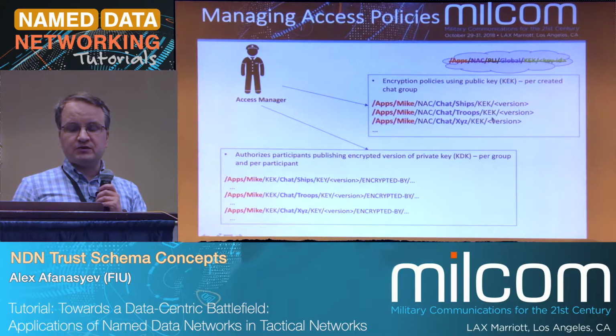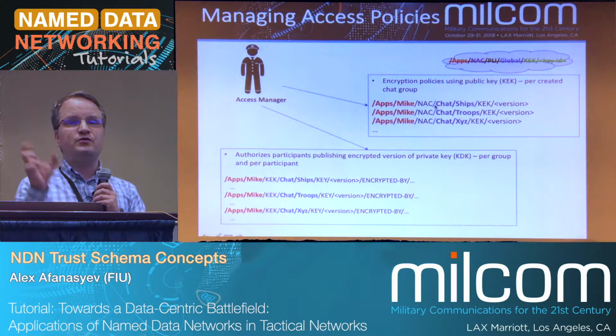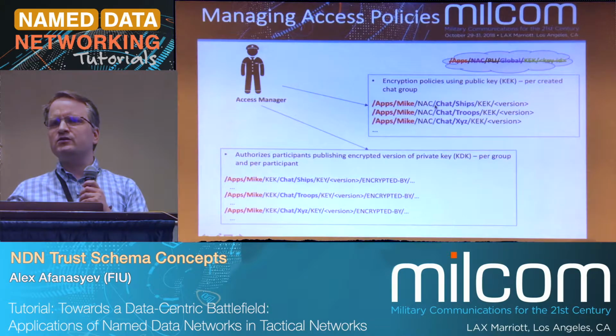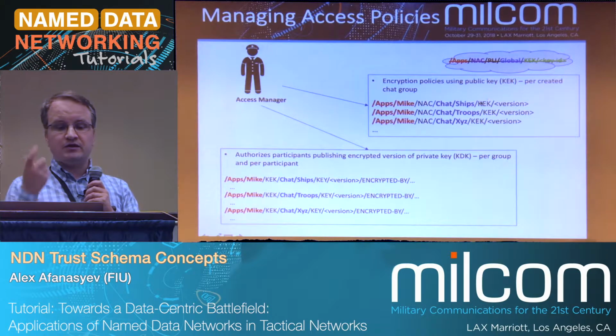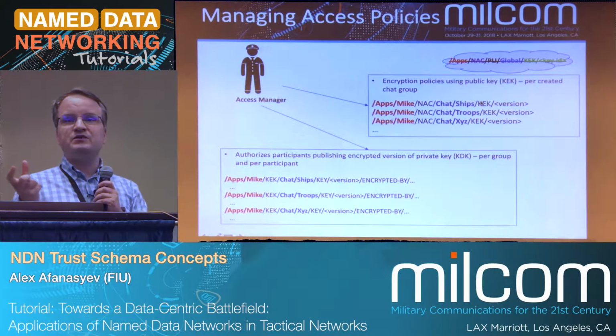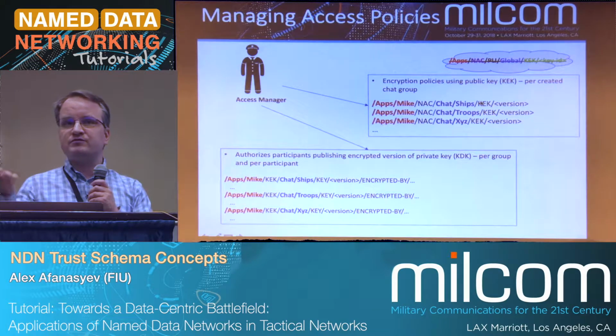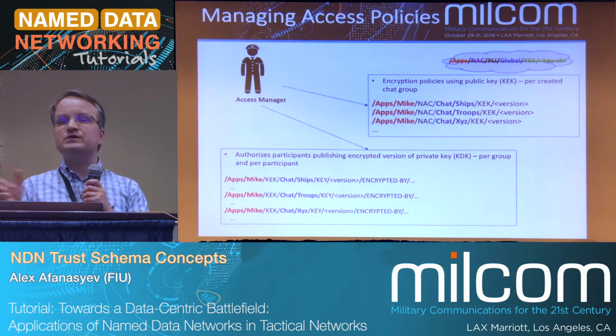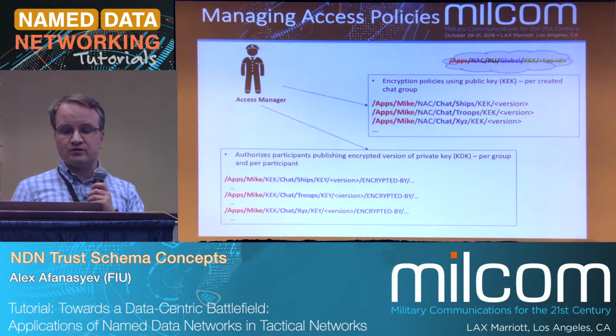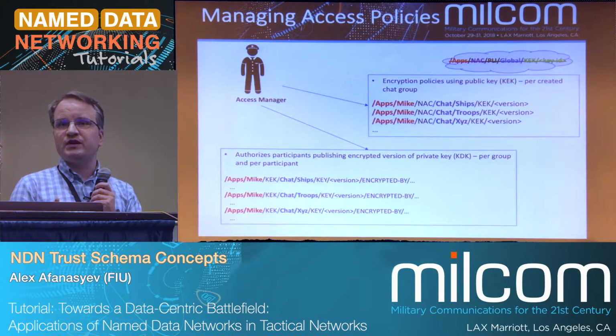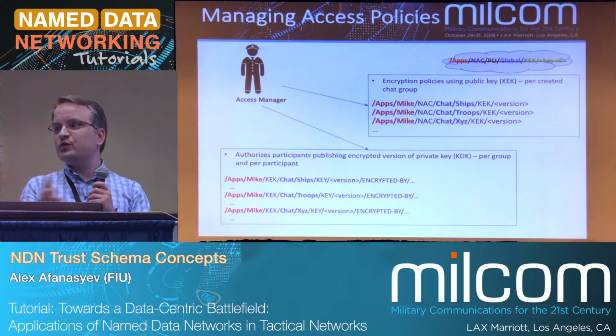In the previous talk, we only talked about NAC for global. Here, the access control can be defined for different chat rooms, and this control will be defined completely separately for each chat room. It would be the responsibility of the person who created the chat room to define whom he wants to invite.